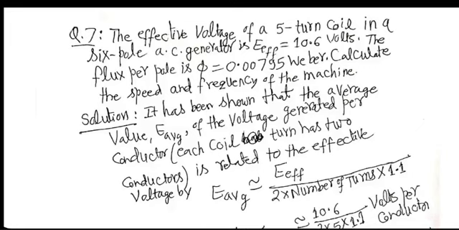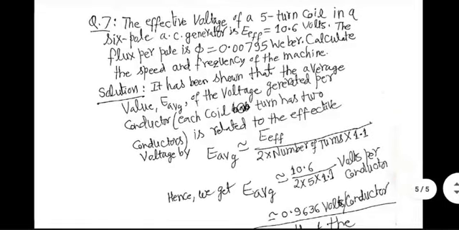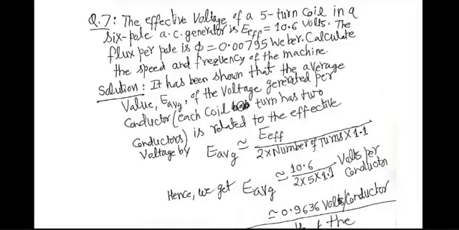With that assumption, the average value has been shown to be related to the effective value by this equation. 1.1 is an empirical factor that is used to make the equation more realistic. So based on that, I get the average value of volts per conductor.